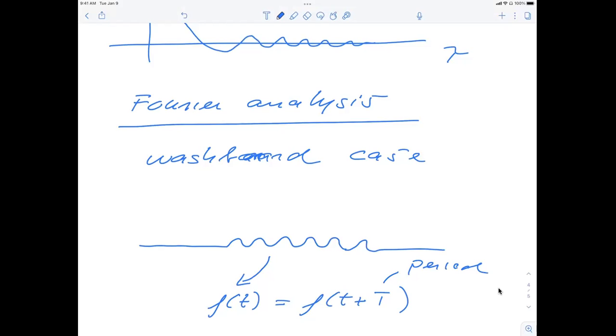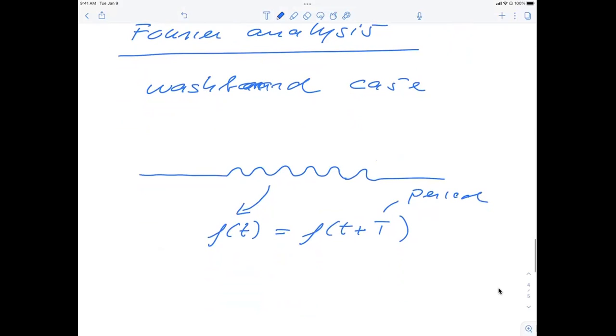Or you could say now that since I have something like this, which is periodic, can I actually approximate this with a series of cosines and sines? Because then the cosines and sines, they are useful mathematical functions. And we know how to calculate with cosines and sines. So we know their properties, we know how they behave.